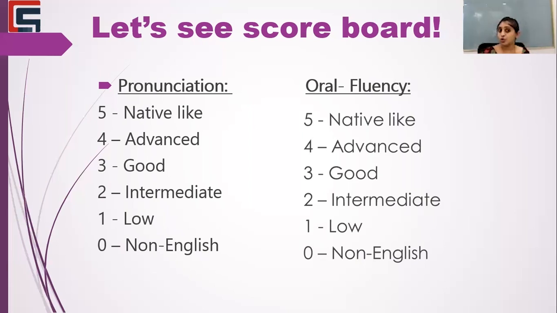So that would be a low score. And non-English, meaning no input, will lead you to a 0 score in pronunciation and oral fluency. People who add Gujarati words, Hindi words, Indianisms will all face the problem of 0 scores in repeat sentences.